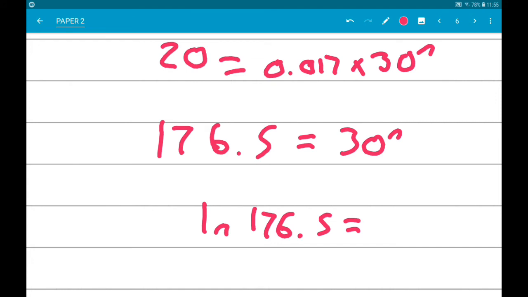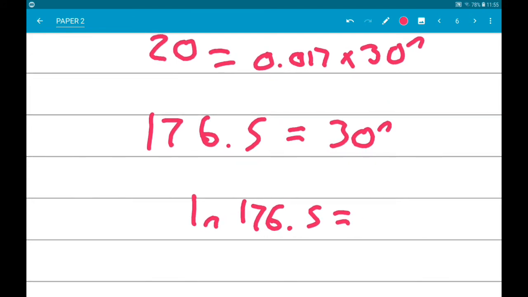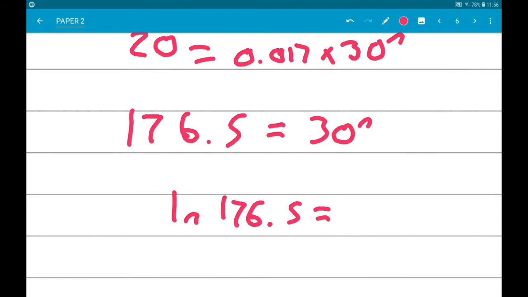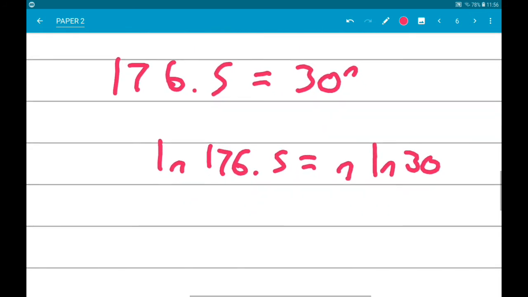So on the right, log of 30 to the power n is n log 30. So n is log 176.5 divided by log 30.